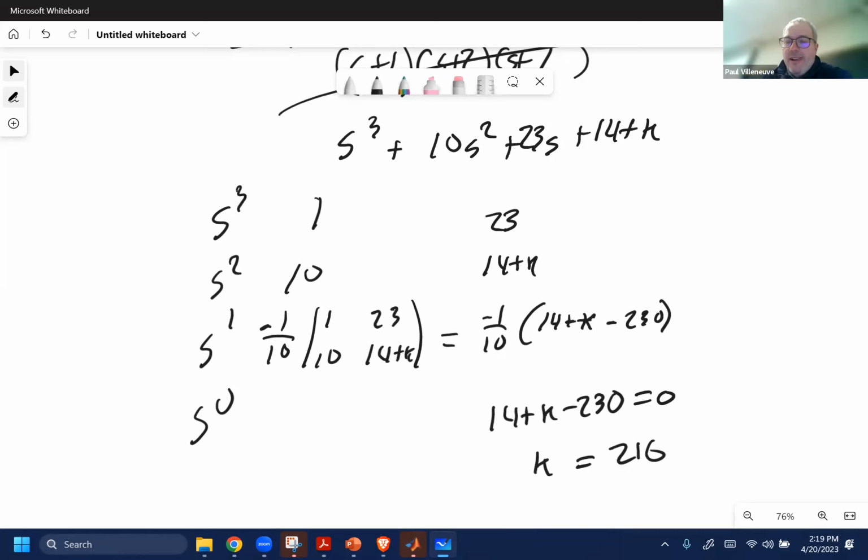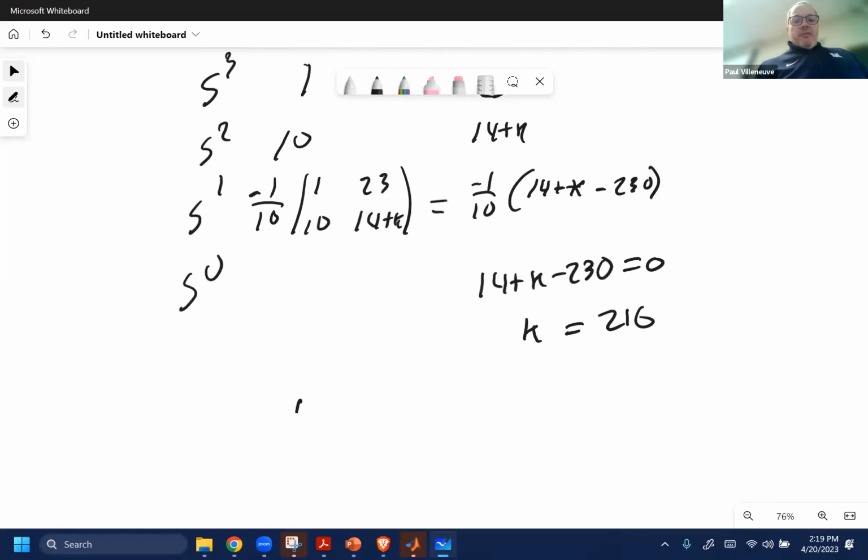Is that correct? So for my value of k equal to 216, I get a row of zeros. Then I can go back to my auxiliary equation, which is 10s squared plus 14 plus 216, and set that equal to 0.